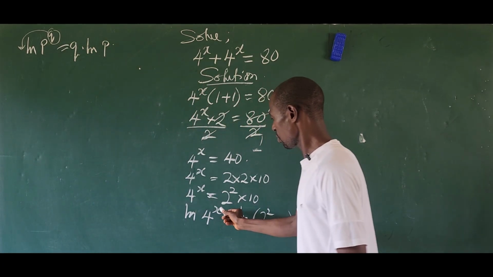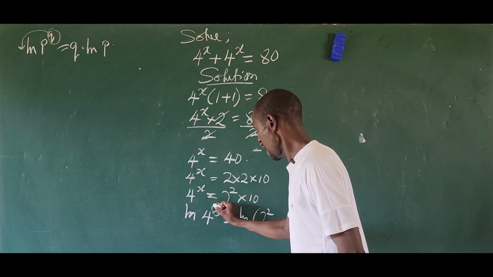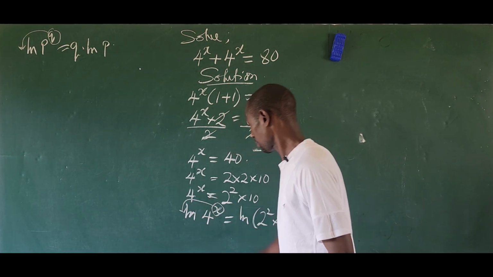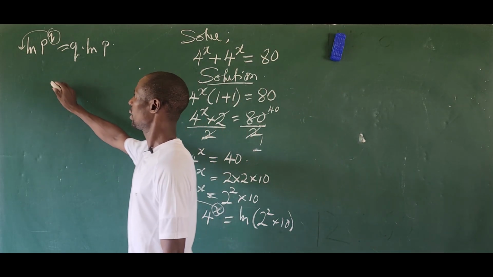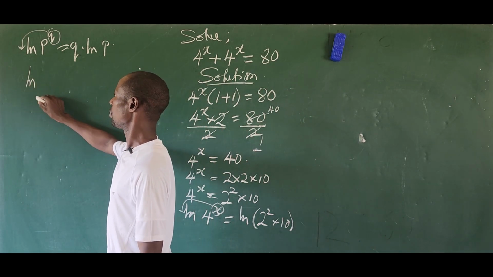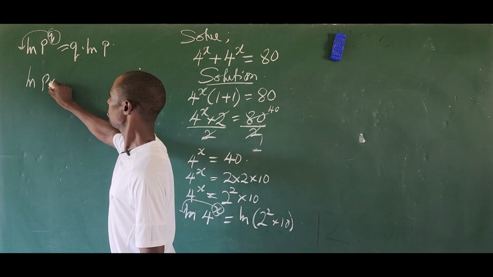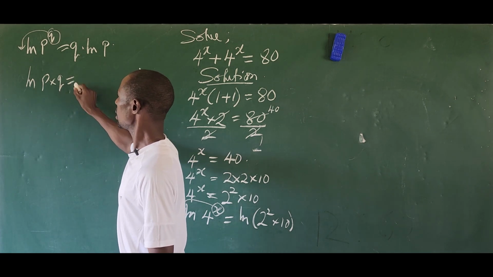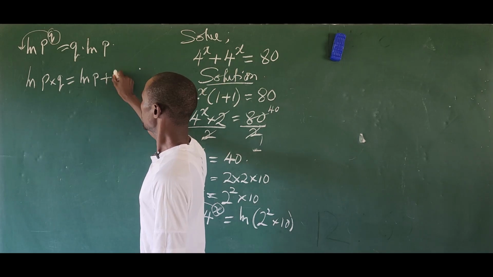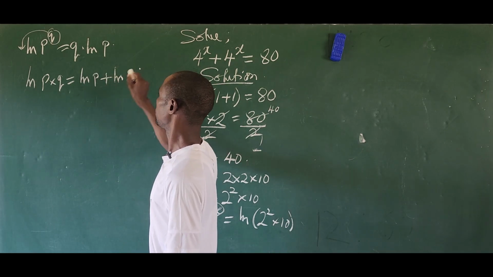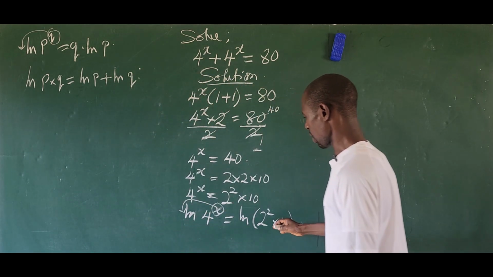So we're going to move the whole of this x to this side. Then the multiplication law says that if you have ln of (p times q), this is equal to ln of p plus ln of q. Okay, so we're going to apply that here.